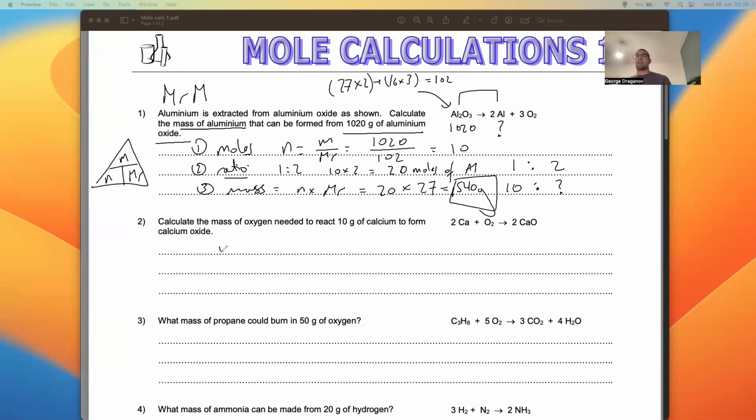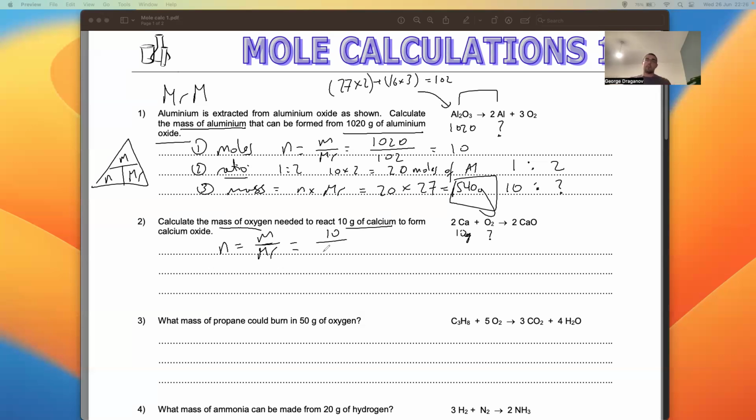So moles is the first step. Without even thinking, I'm going to write this. Now, 10 grams of calcium means this one. To form, so it forms calcium oxide, but it says calculate the mass of oxygen. So we're looking for this one. So we can ignore this. So my first step is to do 10 over calcium.